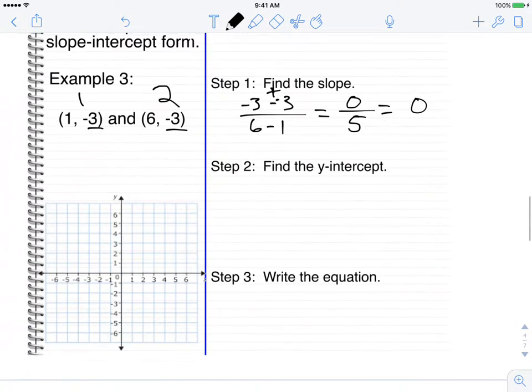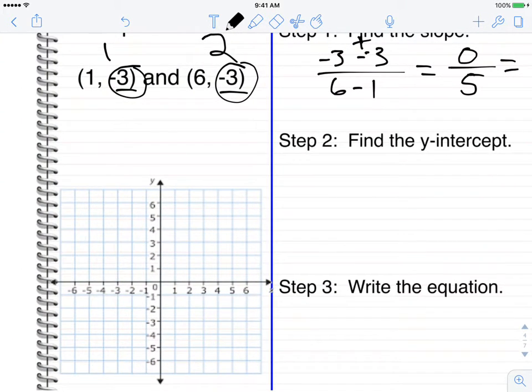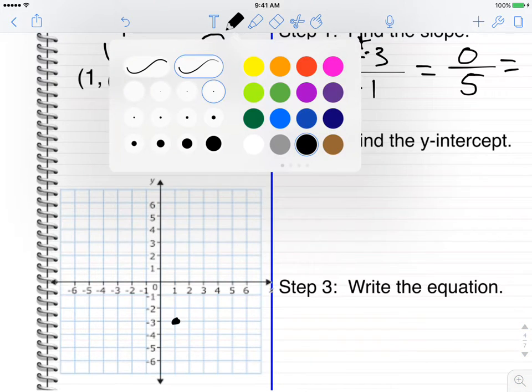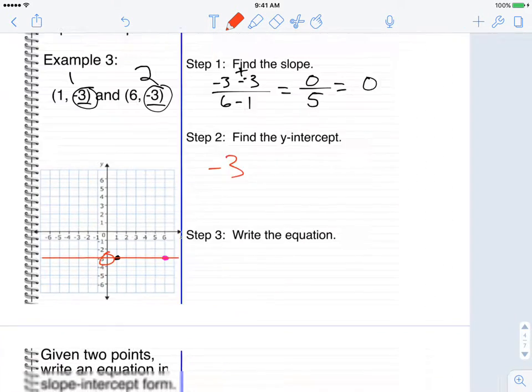Well, anytime that I have a slope of 0, I can just get the y-intercept from these points, because if I think about it, I've got the points of 1 and negative 3, which is right down there. And then I've also got my second point of 6 and negative 3, which is right there. So I have to create a straight line that goes right through there. And so my y-intercept has to be negative 3 because it's hitting at the negative 3 point.